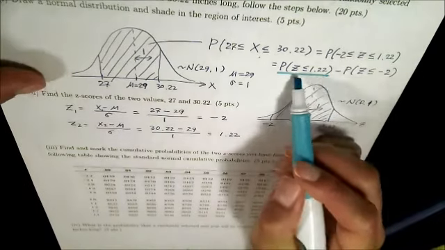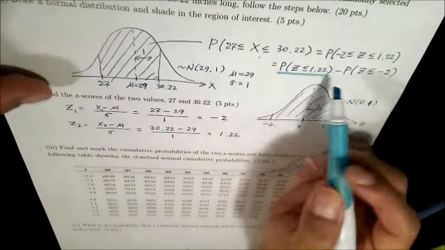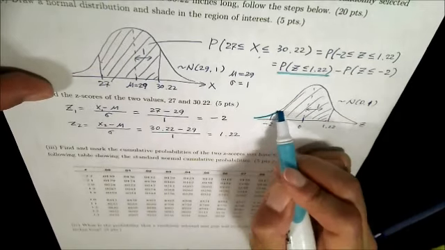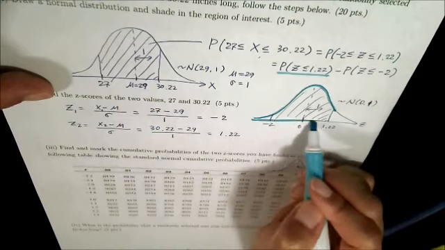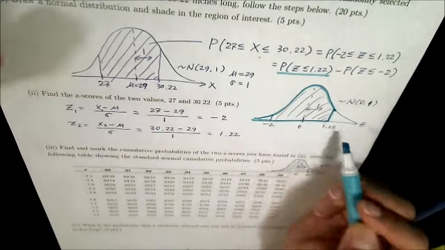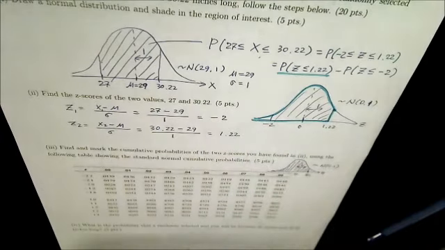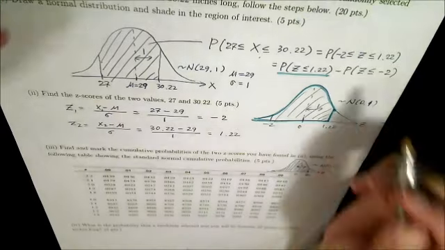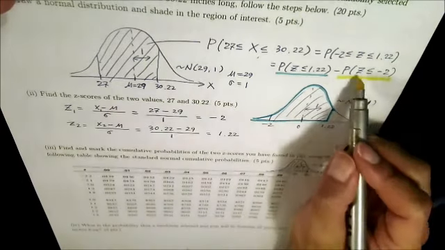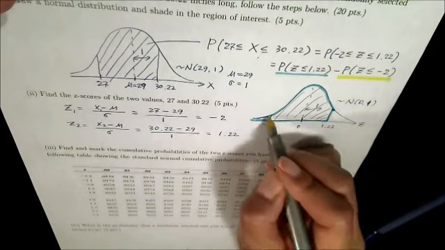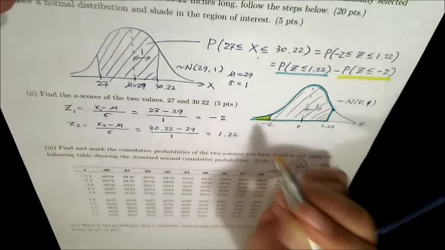Then this one, the probability that z is less than 1.22, is again from negative infinity up to 1.22. And the probability that z is less than negative 2 is this yellow part, right?